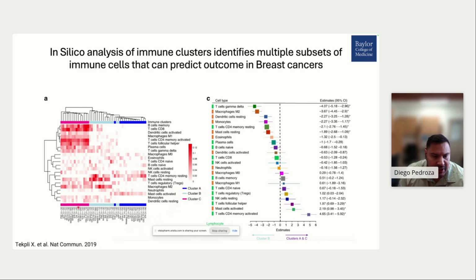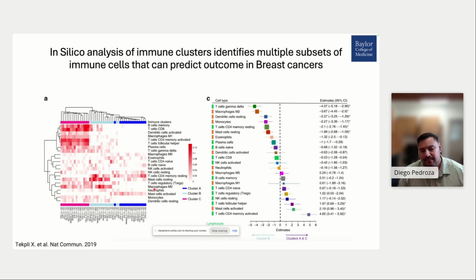Cluster A and cluster C span patients that did well following certain treatments. In cluster A and cluster C, you see a lot of immune signatures, but very good immune signatures like B cells, T cells, plasma cells, etc. Contrary to that, patients that landed in cluster B had very high levels of macrophages, in this case M2-like macrophages.